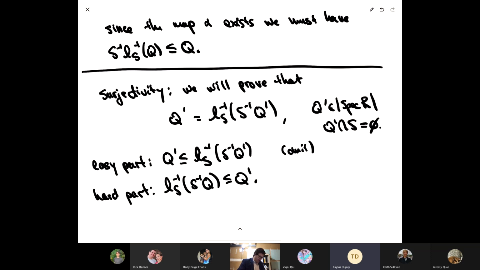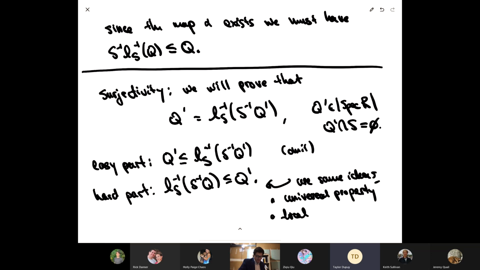Okay, so let's do the same thing. We kind of start with the same idea, so we'll use the same ideas: the universal property, and localization commutes with quotients.